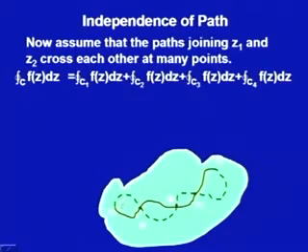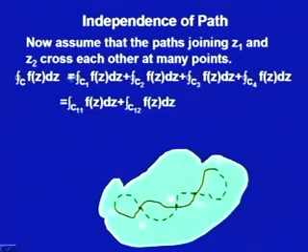So, the integral of any analytic function along these closed contours would be 0, which says this final integral would be 0. Now, I am writing this first integral, that is, this first simple closed contour. First I will take this red path from Z1 to A, this is C11, and then this green path from A back to Z1 in this direction, this is C12.